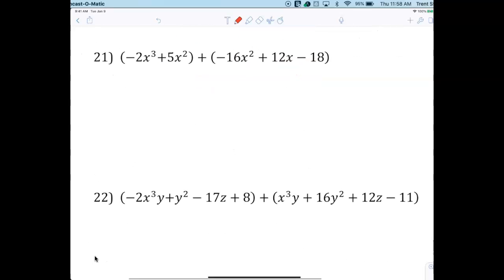Negative 2x cubed minus 9x squared minus 11x squared plus 12x minus. Anybody have any issues? So we agree, pretty easy, right? All right.